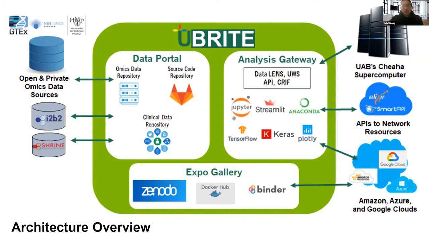But regardless of what a team ends up choosing, what we try to do with U-BRITE is assemble these tools. That includes tool building frameworks like Streamlit and Jupyter, but also libraries of data science and AI and machine learning and visualization libraries, and try to make sure they run well within the commons. Before I leave this slide, U-BRITE is about how this commons idea can help people achieve that fast R&D process that I think we all want.